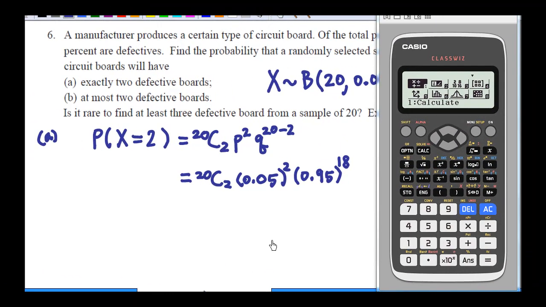Okay, so I call up my calculator. We are now in the computation mode, so select 1 and then 20C2.